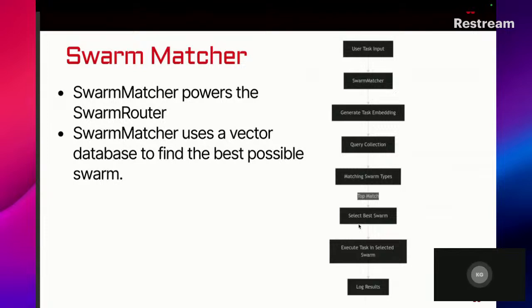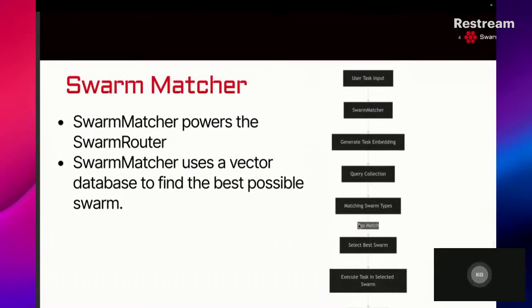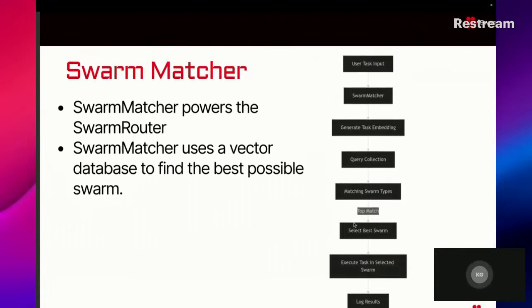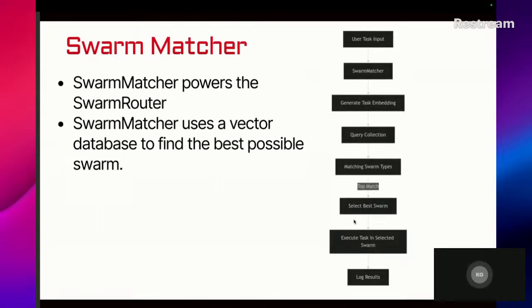If you say words like concurrent, run multiple, do this many times, it'll choose the concurrent one. If you say collaborative, mixture, it'll use the mixture of agents one. And so that's pretty much how that works. If you want to see the code, it's available in the main Swarms GitHub, so please check that out, and you can see how it works with greater precision.